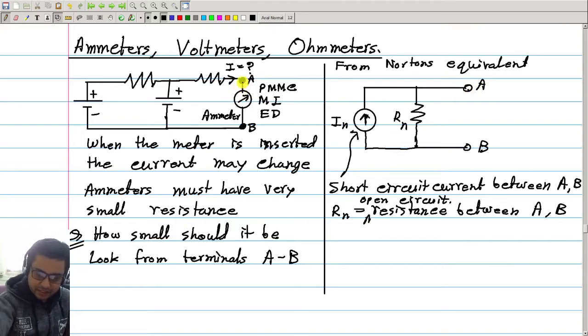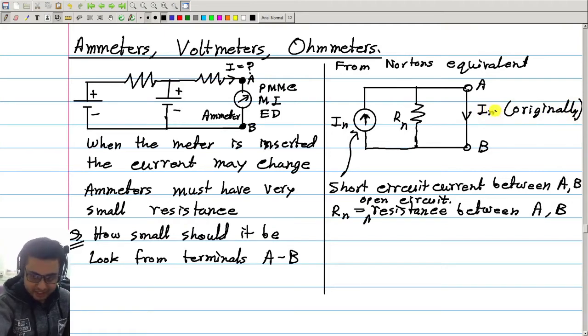Fine. Now, in the original circuit, this branch was shorted and current I was flowing. So this current was equal to IN in the original circuit. So this is IN originally, and this is the current that we want to measure. But to measure this current, what have we done?